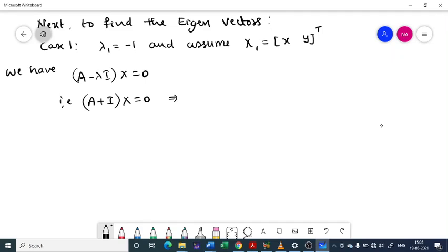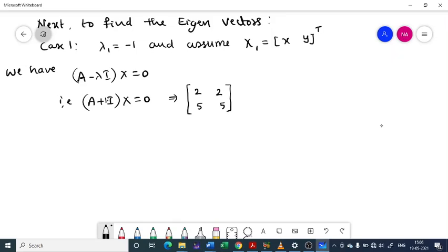That implies, what is A plus I? You have to add 1 to the diagonal entries of A. You can check that it will be 2, 2, 5, 5. Earlier we had 1, but adding 1 to the diagonal entry it will be 2.